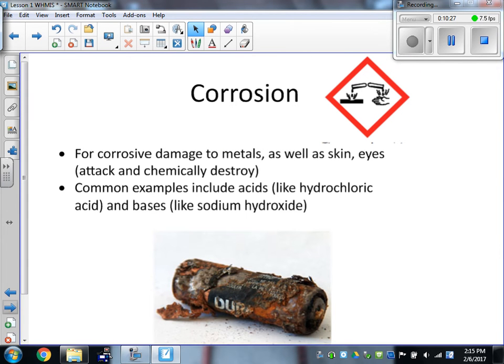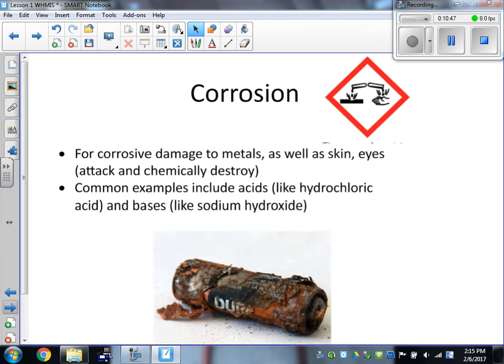Okay, corrosion. That's probably the best example right there. Batteries, acids, things that eat. Quite often if you buy a new battery, you'll see that symbol, which means the sulfuric acid in the battery can readily eat something.